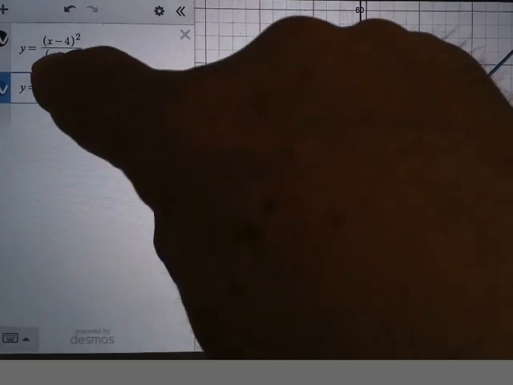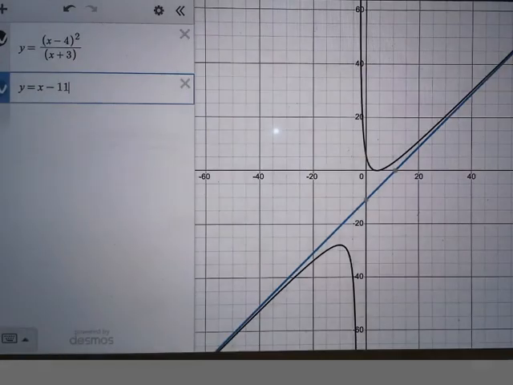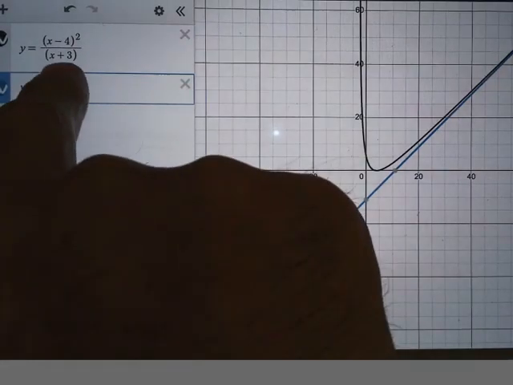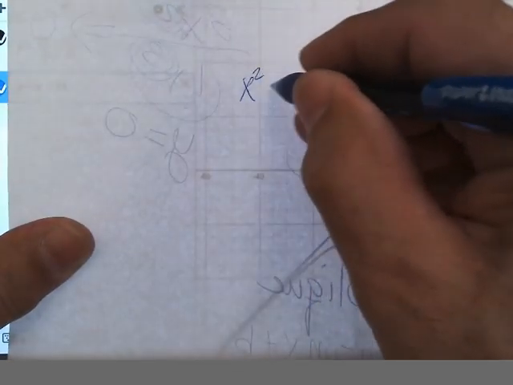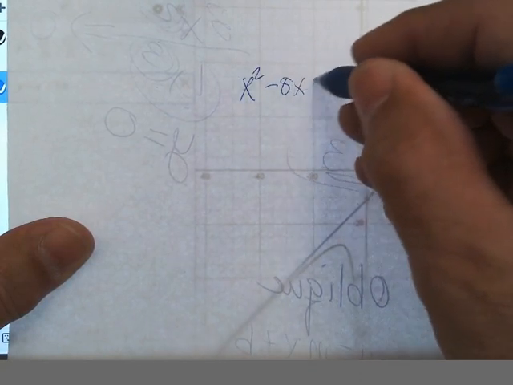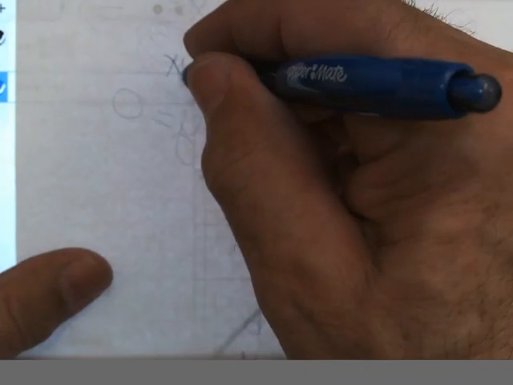So you divide the denominator into the numerator. If this is a simple factor like this, you could actually do it with synthetic division. Let me show you that. So we would have had x squared minus 8x plus 16 divided by x plus 3.